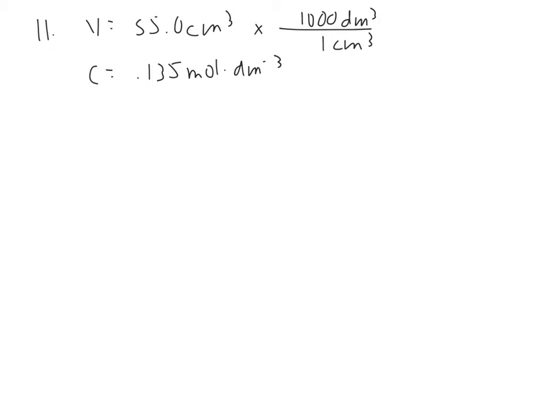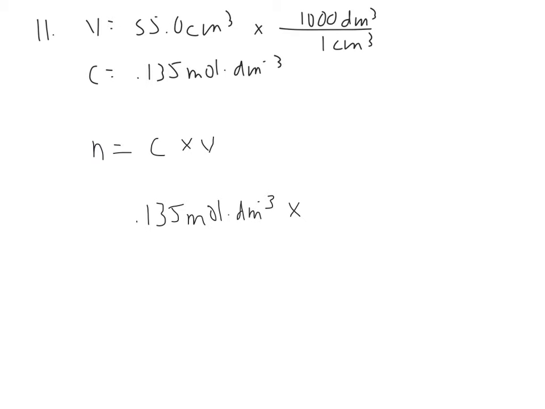Number 11, you're asked if you have a 55 centimeter cubed sample of salt solution with a concentration of 0.135 moles per decimeter cubed, how many moles of sodium chloride are present? Well, remember, to get your moles, you have to take your concentration times your volume. So when I do that, 0.135 moles per decimeter cubed, and then I'm going to have to change my 55 centimeters.